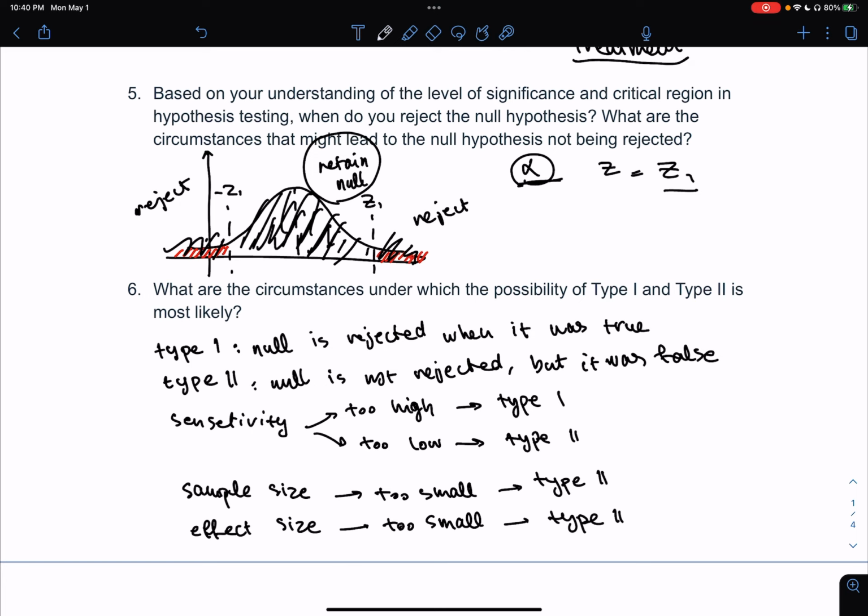So basically, if our sample is large enough that it is in this area or low enough that it is within this area, it means that we reject the null. And if it is within those thresholds, we will retain the null. But this is just an example distribution. The actual distribution would be a little bit different. So this is just an example.